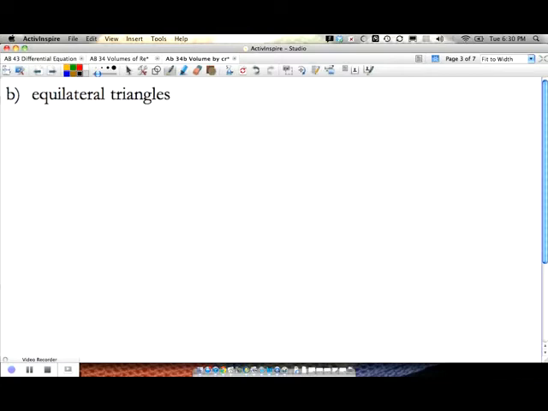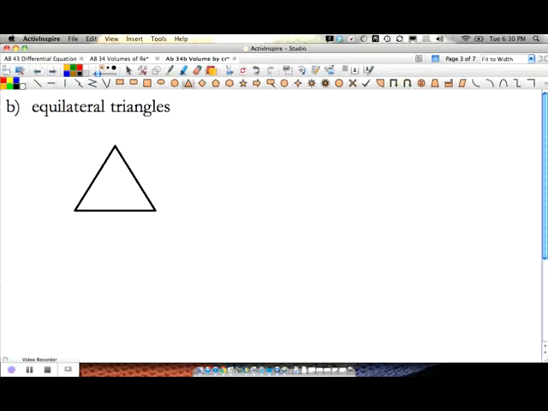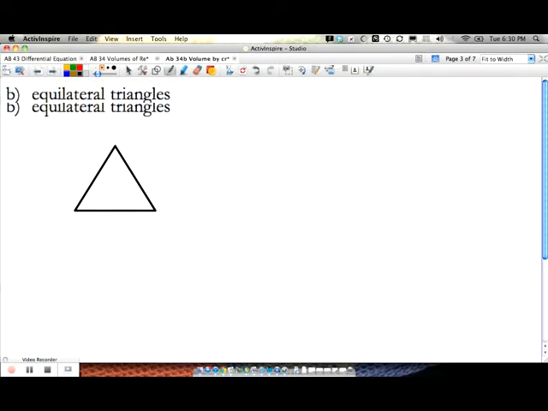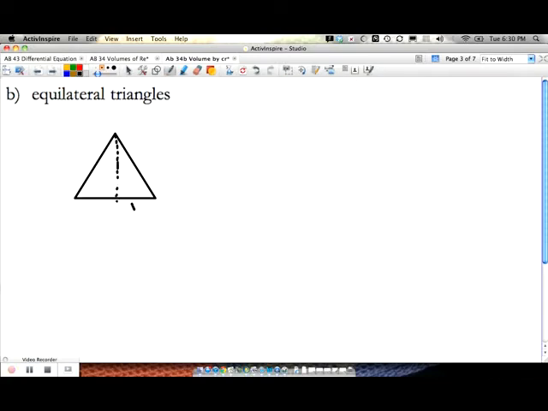Let's try one slightly different here. If we're looking at equilateral triangles, remember, we have a shape that's kind of like this, and we need to know the base and the height. The base is just b. Each of these halves is b over 2. And this height is the radical 3 times b over 2. When we put all that together, we got the area equals 1/2 base times height. Well, the base is just b, but the height is radical 3 over 2 times b.